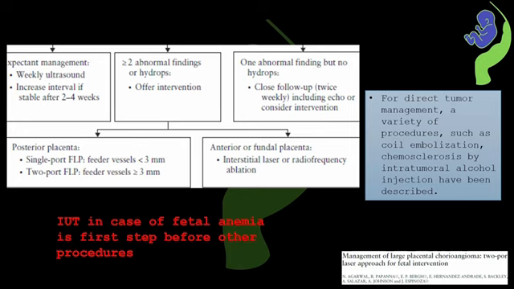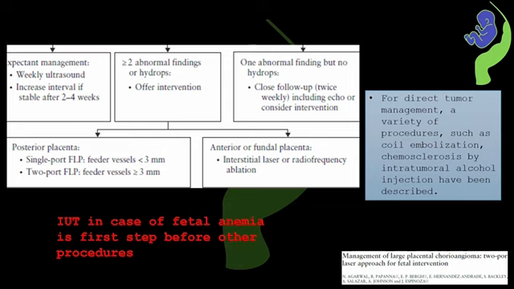Now, if we have decided for laser intervention, the choice of procedure depends upon both the placental location and characteristics of the feeding vessel. When the placenta is located anteriorly or fundally, performing fetoscopic laser photocoagulation becomes technically more challenging.